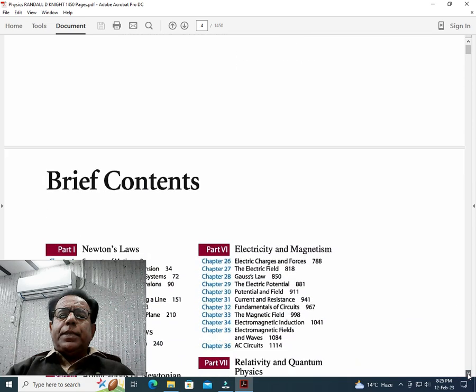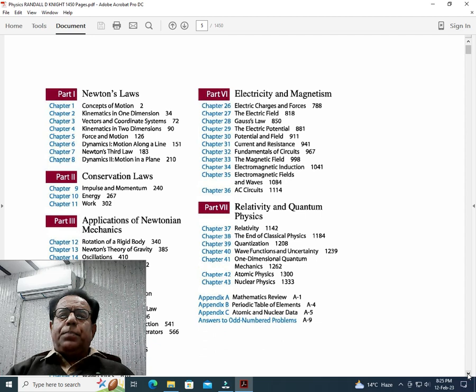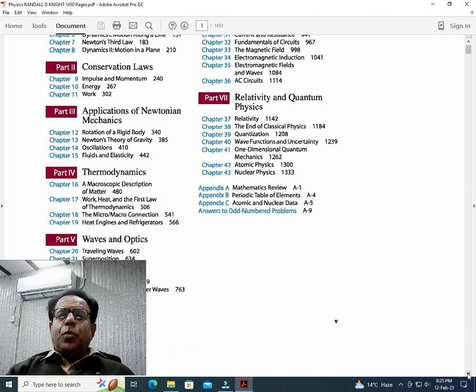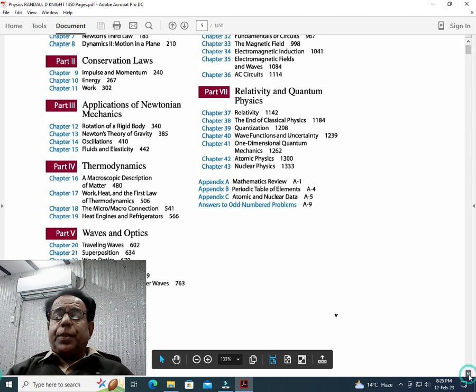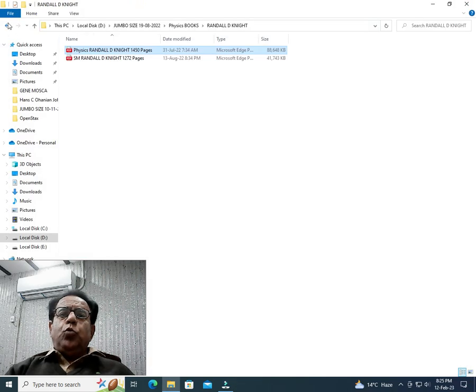Pearson is the publisher, and these are the contents of this book. Part 1, part 2, 3, 4, 5, 6, 7. Total chapters 43, and pages are 1450. Now we move to the next book.